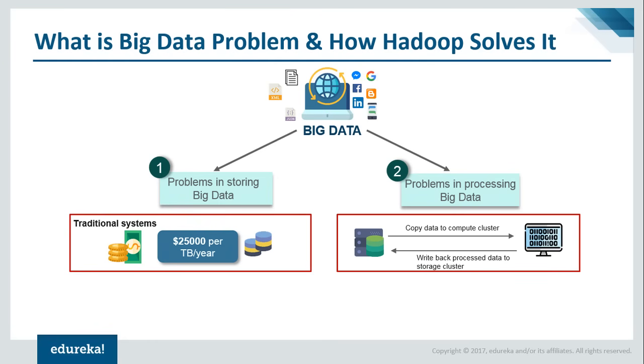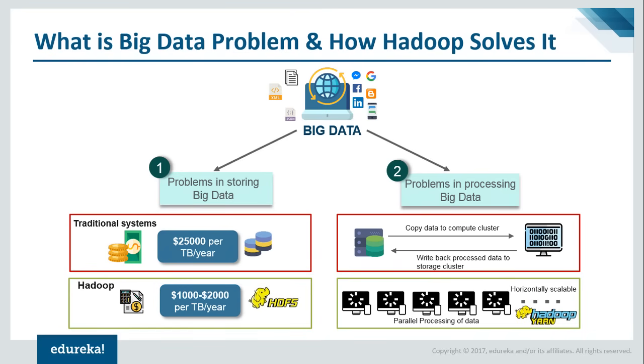You also have to make sure that the compute cluster has the capacity to store the big data. Hence, it needs very high computing power and storage power, and it is a very big problem in terms of cost.